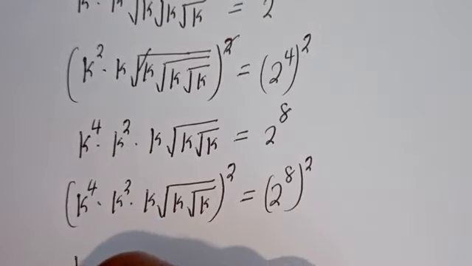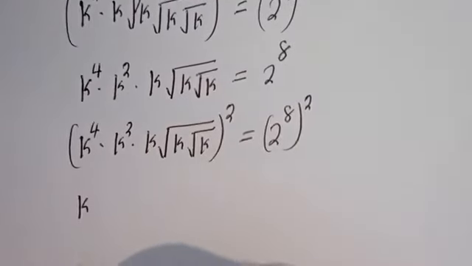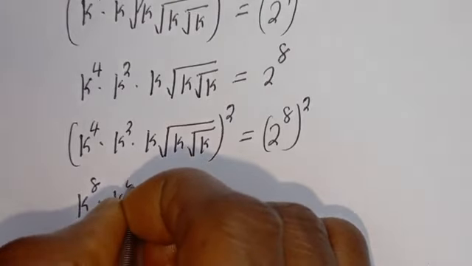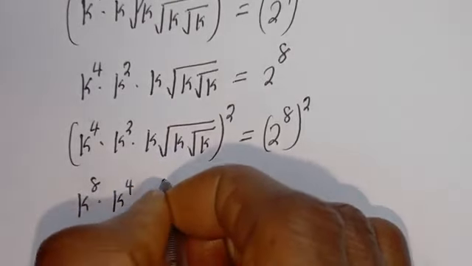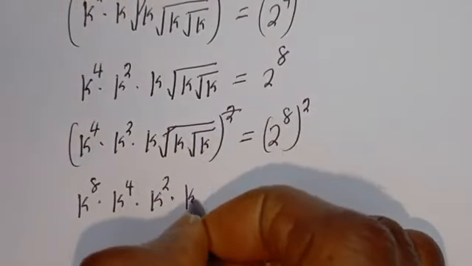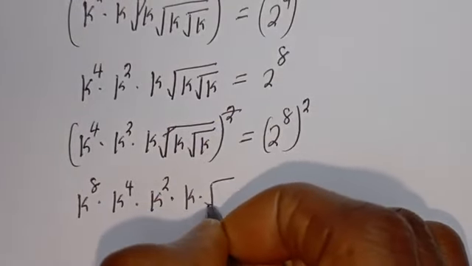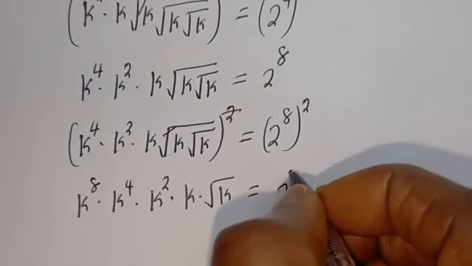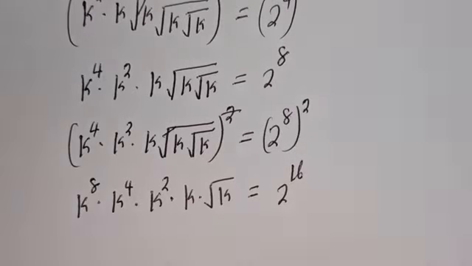Then this is k to the power of 8 multiplied by k to the power of 4 multiplied by k squared. This we cancel this, multiplied by k multiplied by the square root of k is equal to 2 to the power of 8 times 2, that is 16.